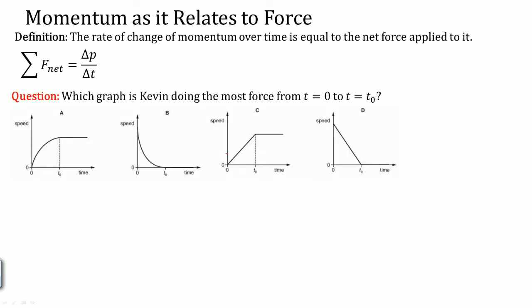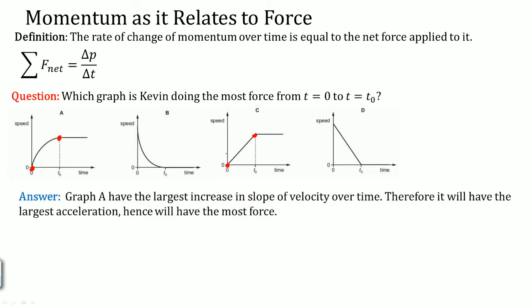So it's the same question now, but now we're going to see which graph has the most force from t naught to t0. So we can go from here to here, or from here to here. Okay, so if you want to look at its change, graph A has the largest increase in the slope of velocity over time.